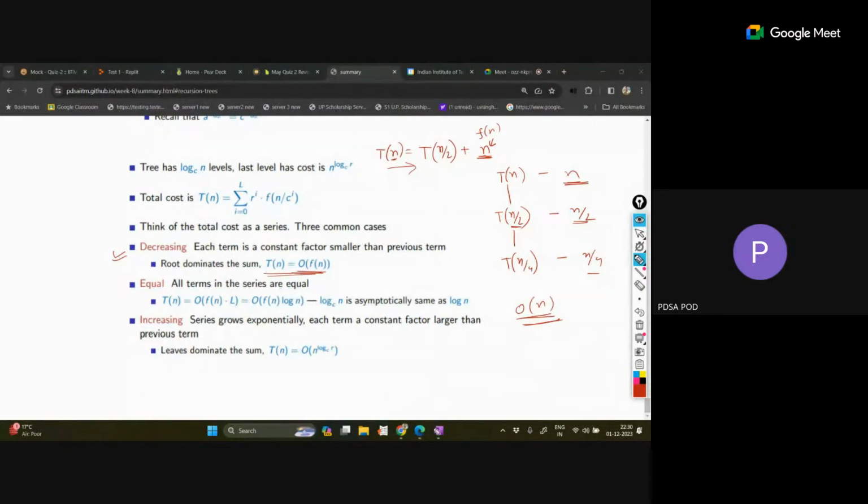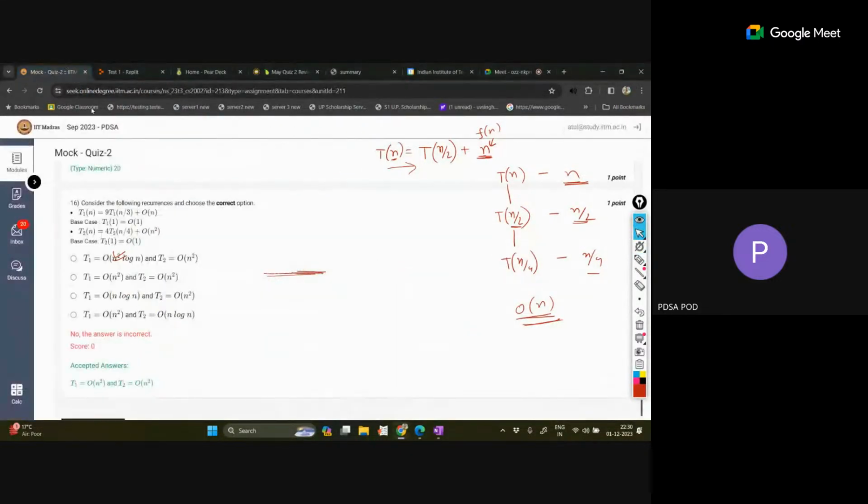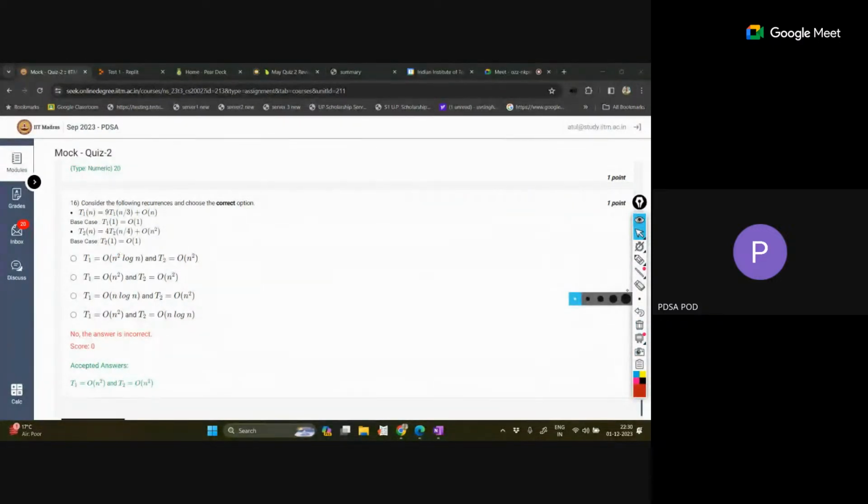Now let's discuss the problem given in the mock questions. What recurrence relation is given here? Looking at the first one, the recurrence relation is T(n) = 9T(n/3) + n.